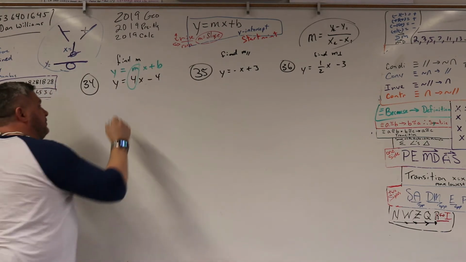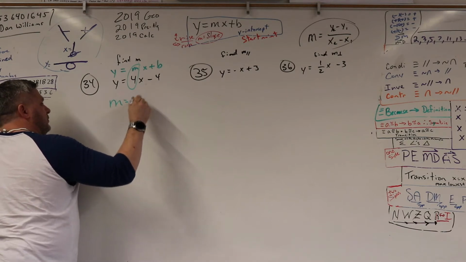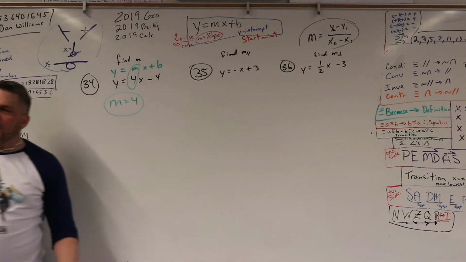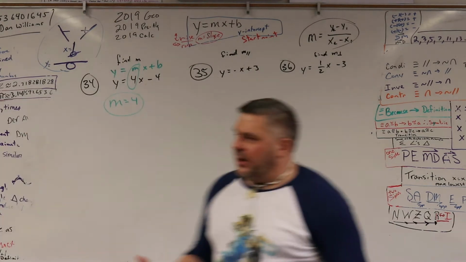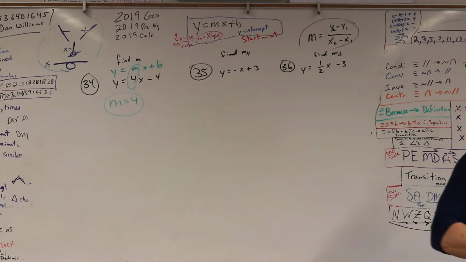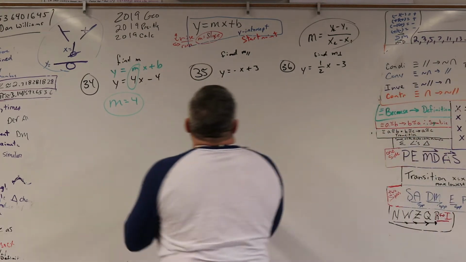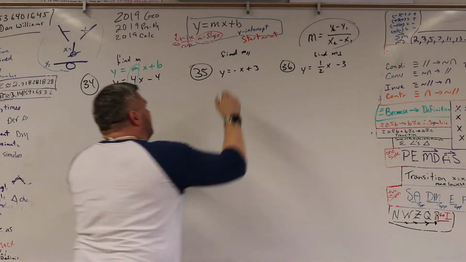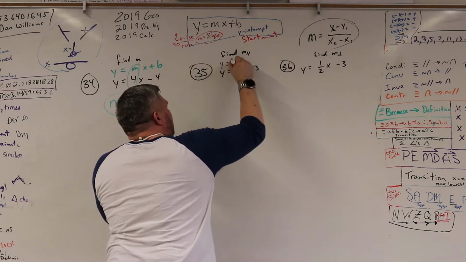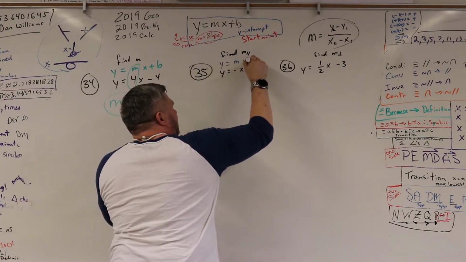So what's m? 4. Thank you very much. I'm here all week. Alright, now, next one. Find the m that's parallel to it. As long as it's in y equals mx plus b, y equals mx plus b.